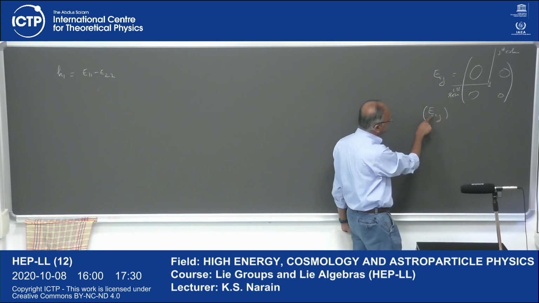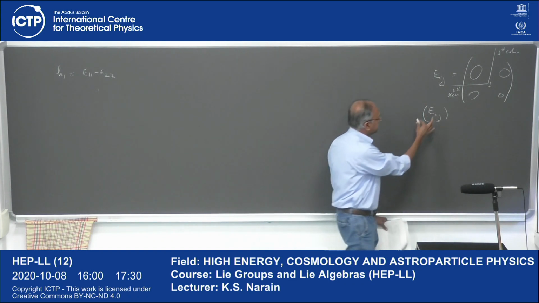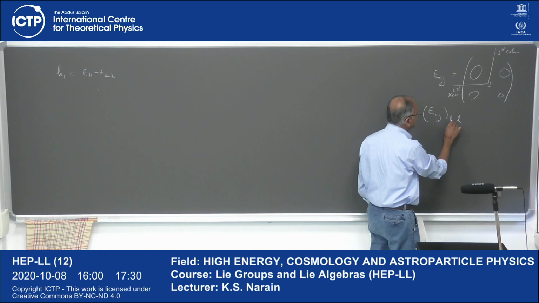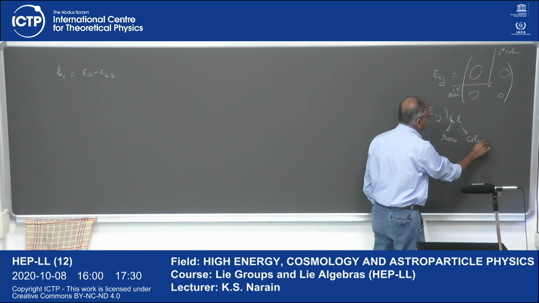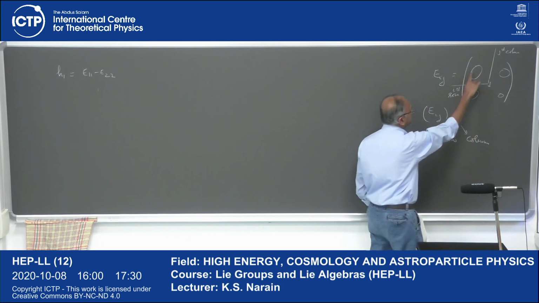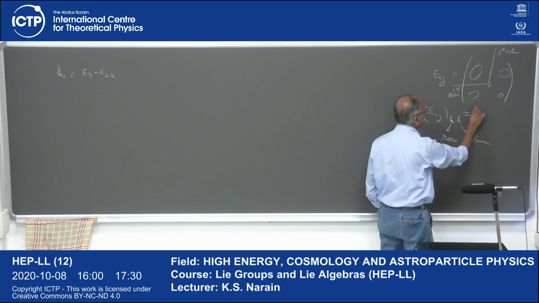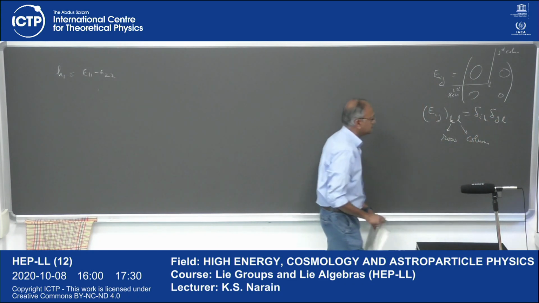Eij labels a matrix. It is not labeling the row and column. But every matrix will have a label which will be k and l. So k labels the row and l labels the column. Since everything else is 0, this is the same as delta ik times delta jl.